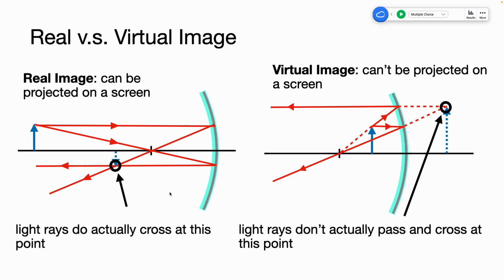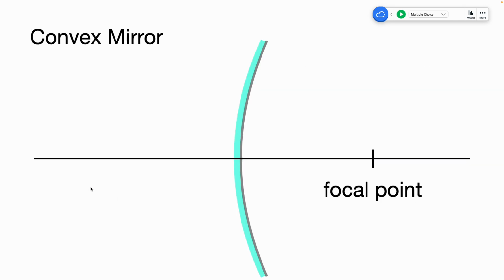Alright. So next we can look at a convex mirror. A convex mirror is curved in the opposite direction to a concave mirror. The way it deflects the light is by having also a focal point.